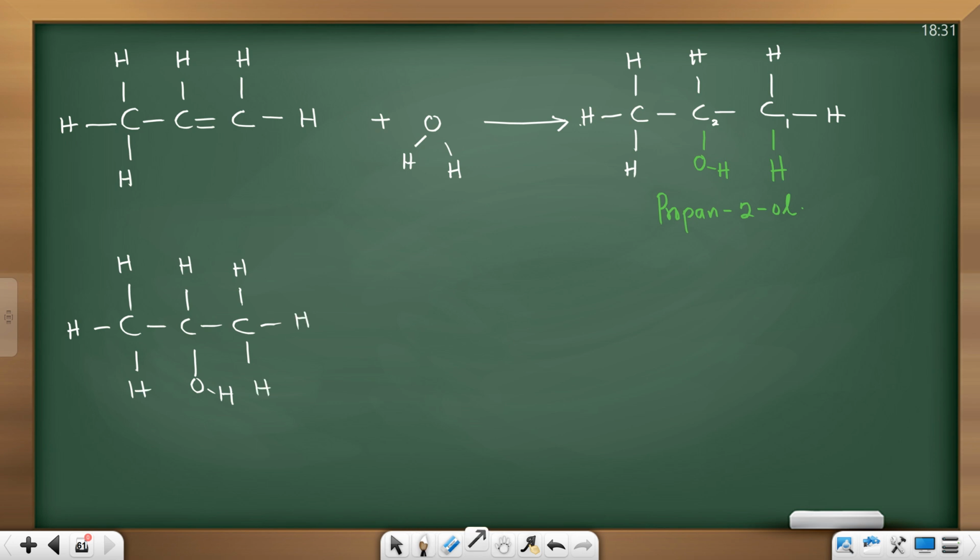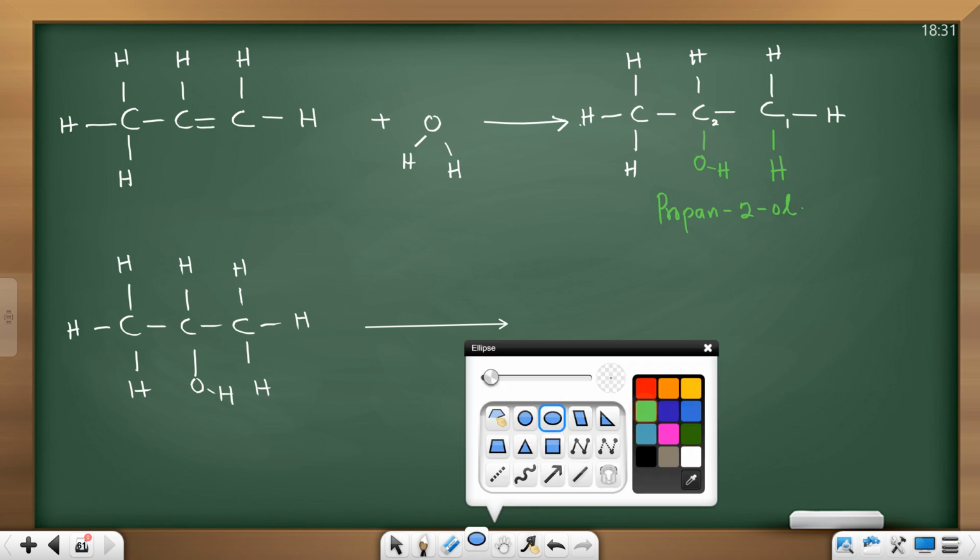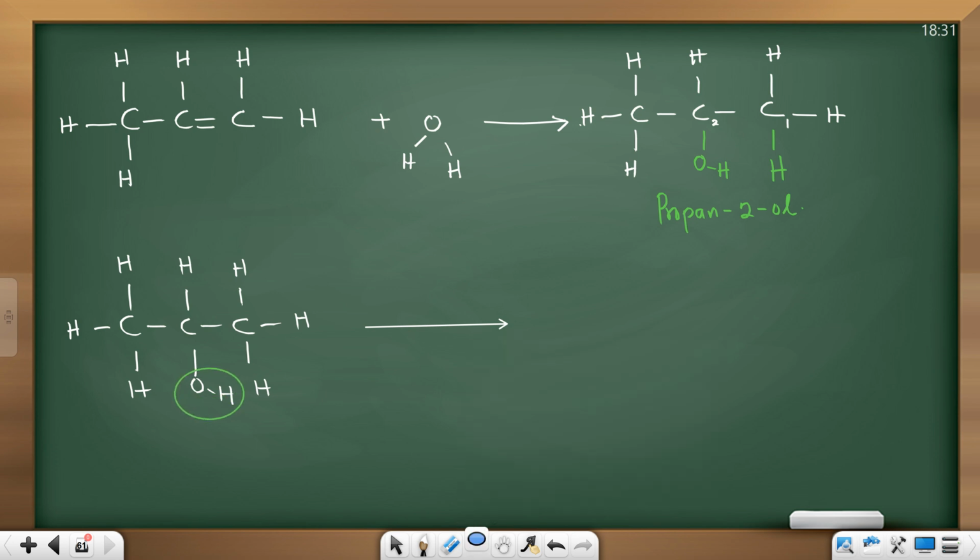In reversing, what are we doing? We are removing water molecules. So the first thing is to remove my hydroxyl. So I already know that that one is no longer there.